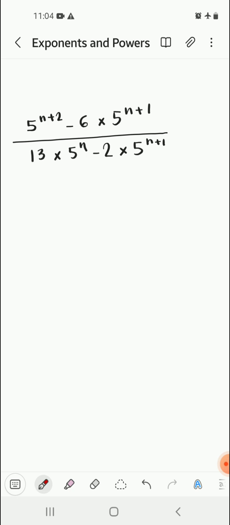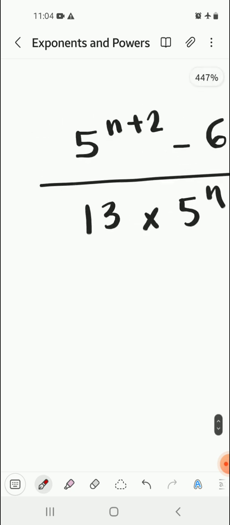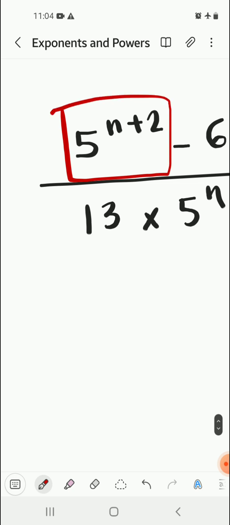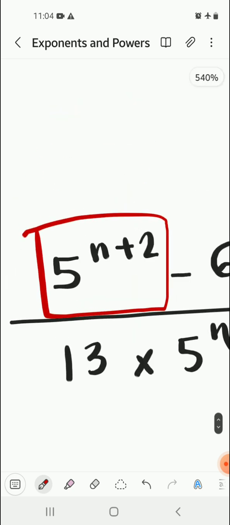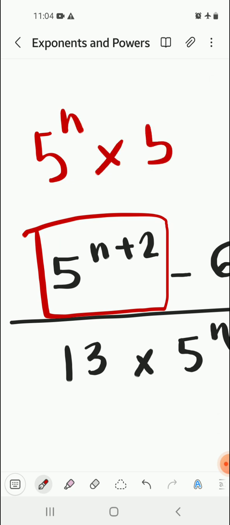So, see, we know one thing that 5 to the power n plus 2 actually means 5 to the power n into 5 to the power 2, because when the base is the same and the powers are different, the powers are added.